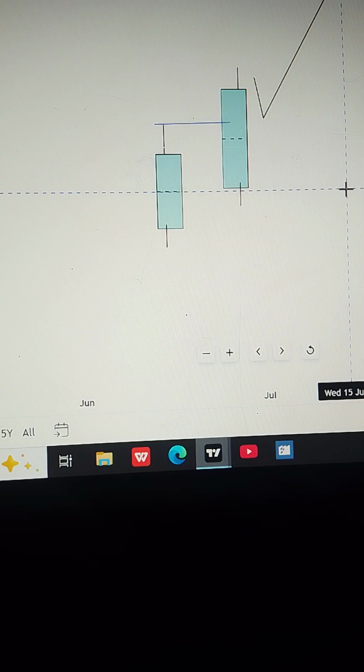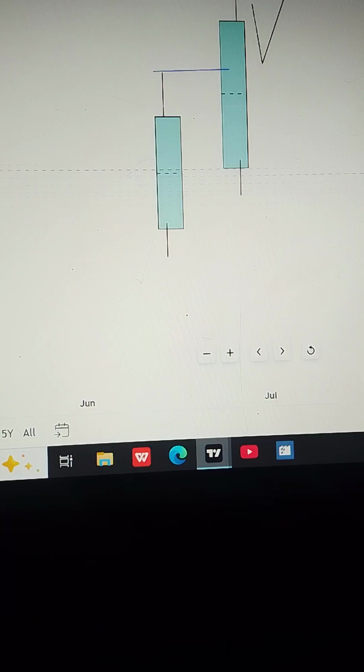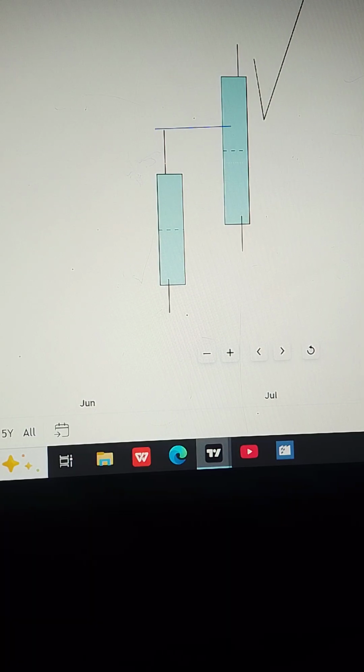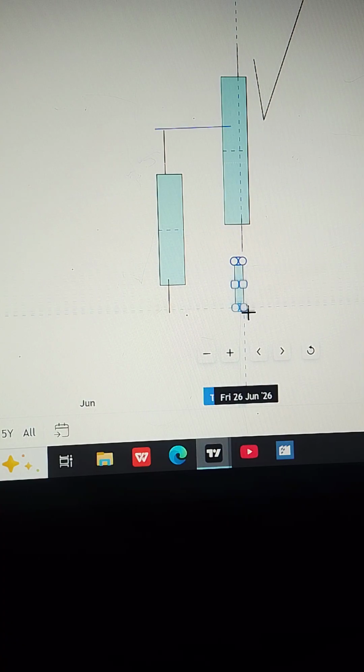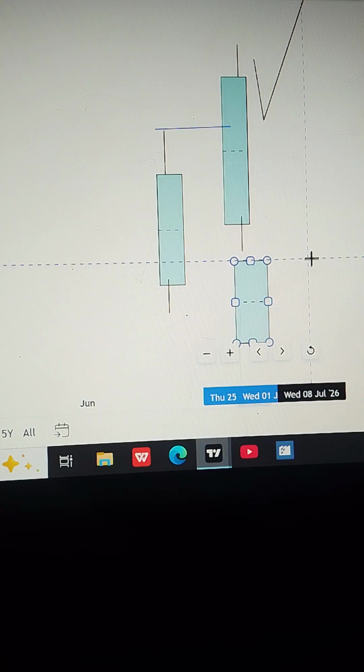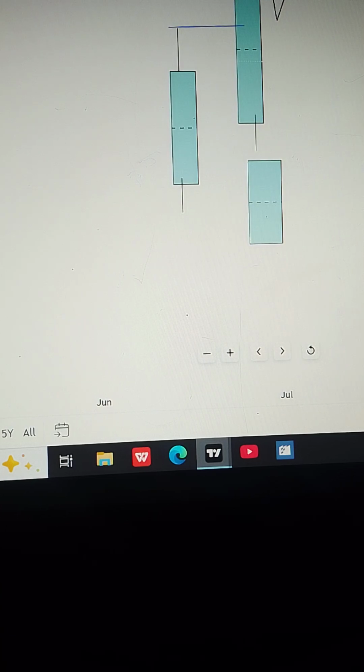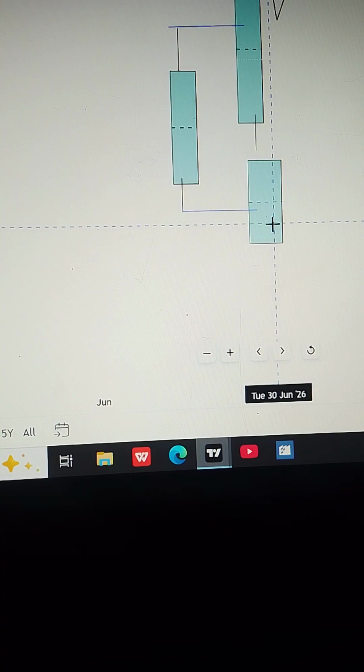If it is bullish like this, that is a continuation. If it was bearish, you can still have the same candlestick, where the previous candlestick crosses between the current one, so that is a continuation.